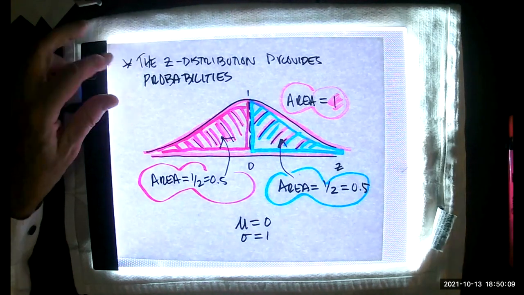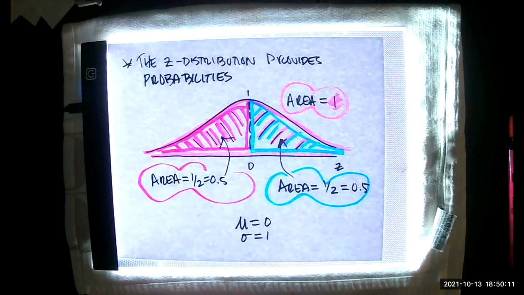Now, this notion of area applies to all normal distributions.